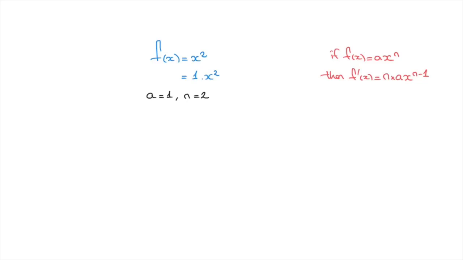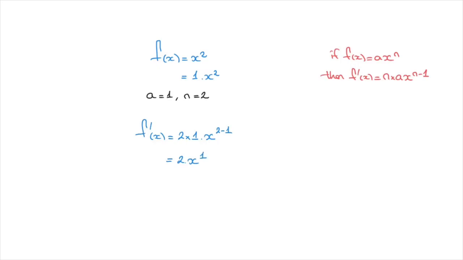Now that we've done that, we can go right ahead and use the power rule formula to find the derivative function. And we can state that f dash of x will equal 2 times 1 times x to the power of 2 minus 1. And that's equal to 2 times 1, which is 2, times x to the power of 2 minus 1, which is 1.